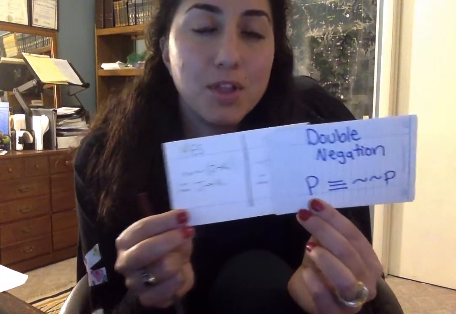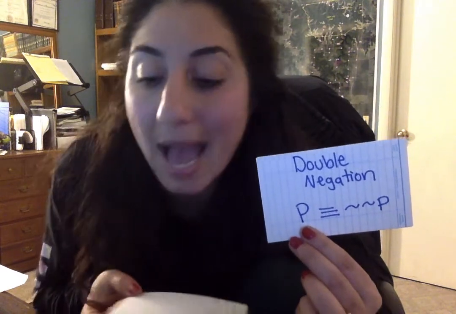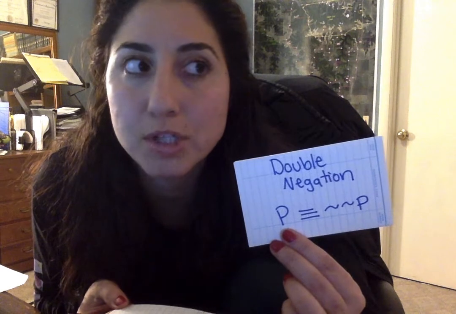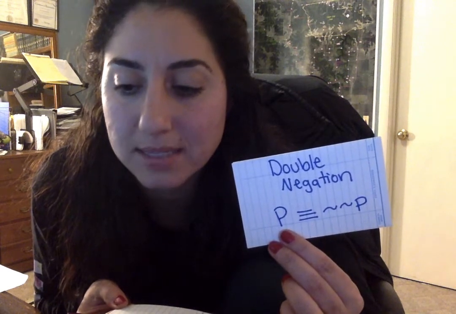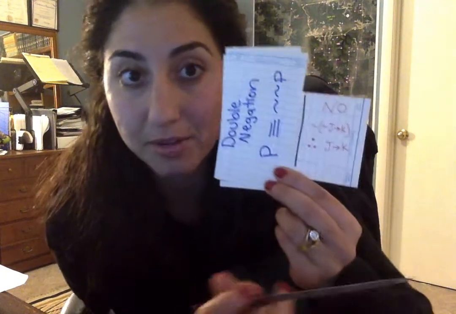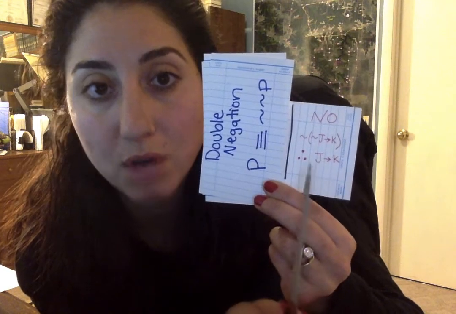Now, the law of double negation does not allow you to add a pair of tildes in random places, or to drop 2 tildes that are randomly somehow in your proposition or your premise. They need to be directly one after the other.